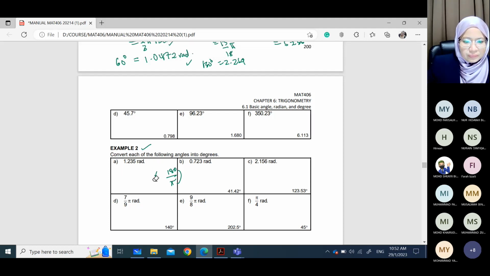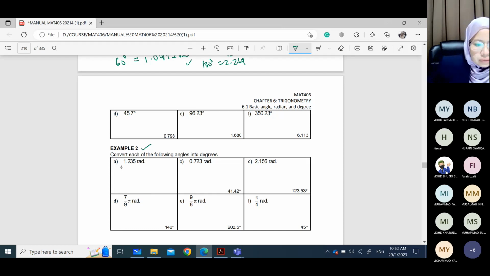Okay, cuba buat. Dapat tak sama? So, kita ada 1.235 radian. In terms of radian, so kita nak tukar kepada degree. So 1.235 multiply with 180 over pi.